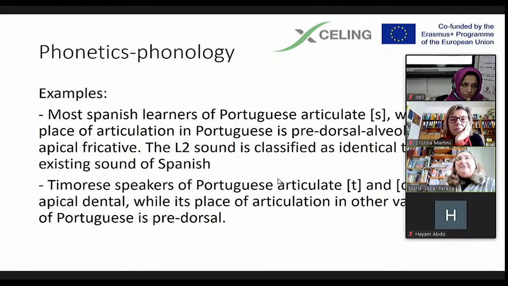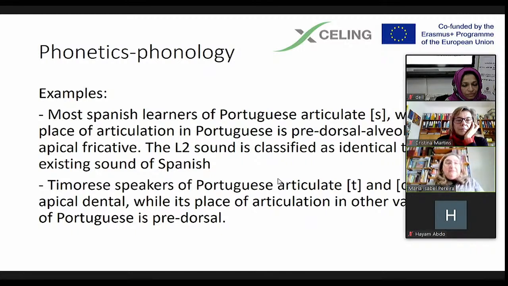The same for some laterals, but the Portuguese do the same. Portuguese speakers speaking Spanish do the same with equivalent sounds, and with others. It is quite interesting, but this is an example of another thing that I will talk about in the next slide. I'll leave it to the next slide.